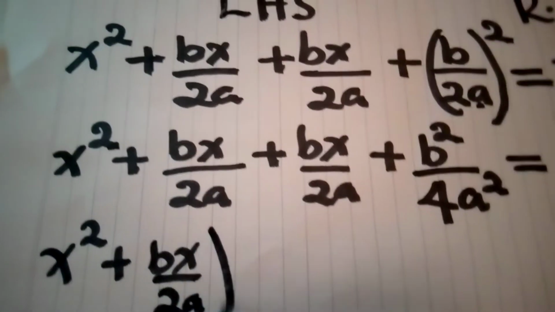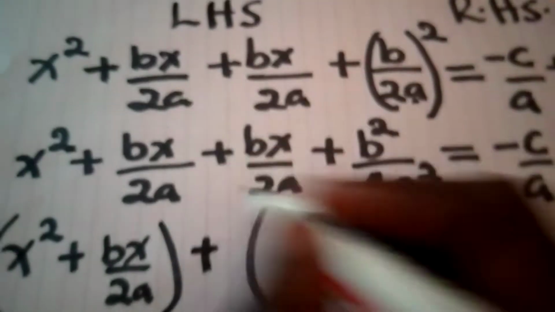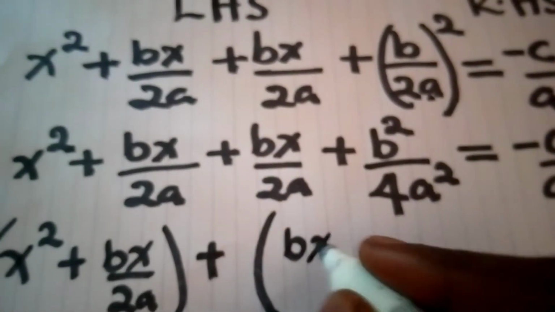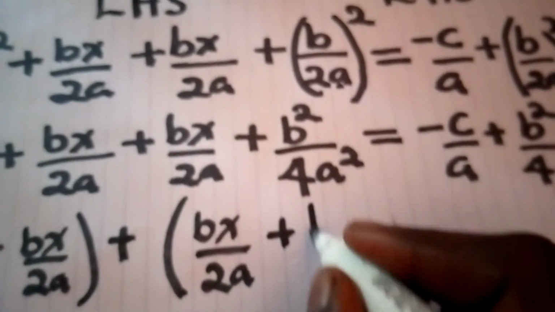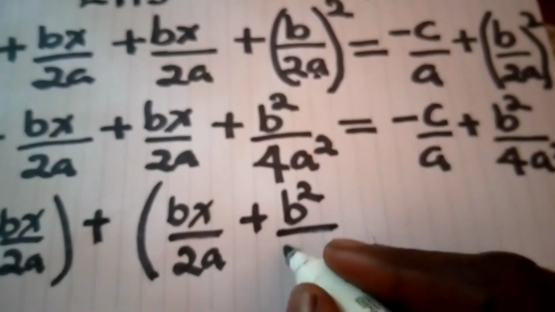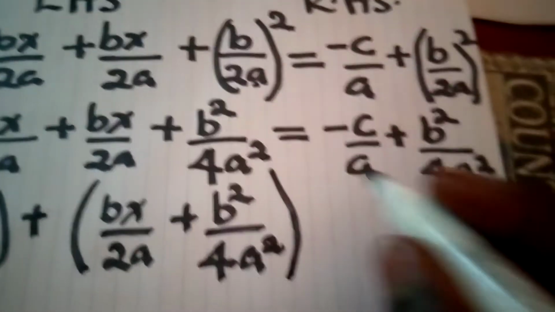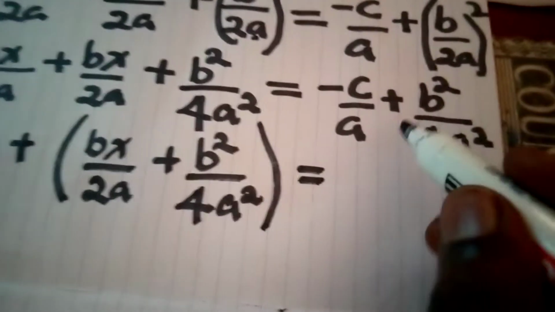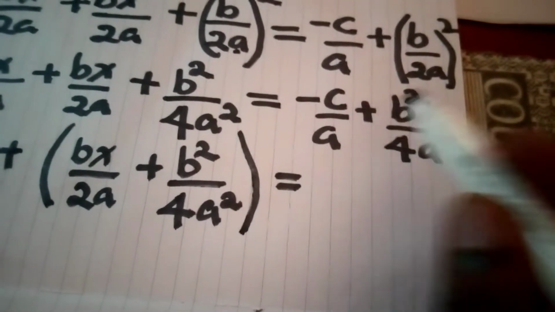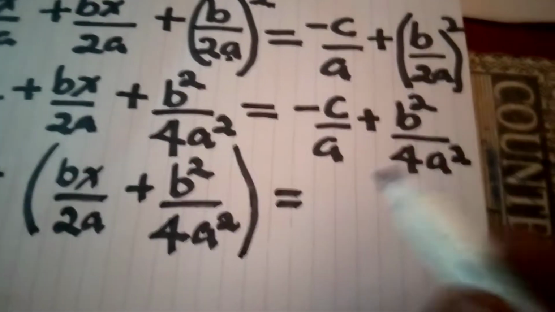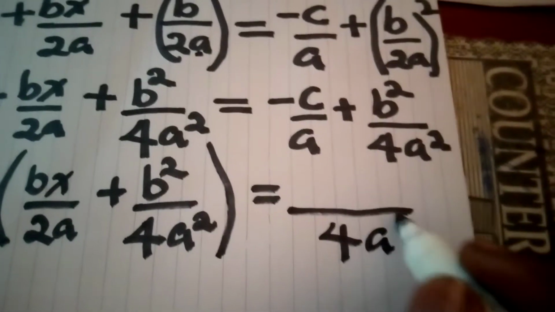We group, put in bracket, then plus, also this one you put in bracket, this will be bx all over 2a, then plus b squared all over 4a squared. We close. Should give us, now when we are to simplify this one, these are two fractions being added. So when we are to add them, we shall get our LCM. So the LCM here is what? The LCM is 4a squared.